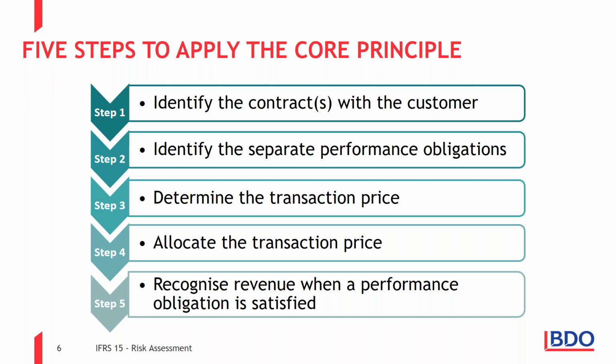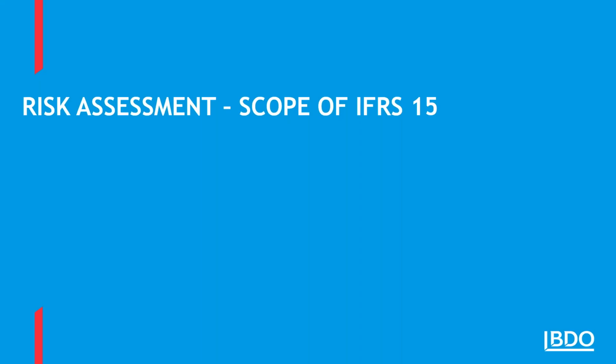So it's all about us asking questions today, and you using these questions to prepare a heat map for your organization to focus your time and attention. At this stage, I'll hand over to Kevin. Kevin will look at risk assessment, the scope of IFRS 15, and then I'll be back to look at steps 1 to 5.